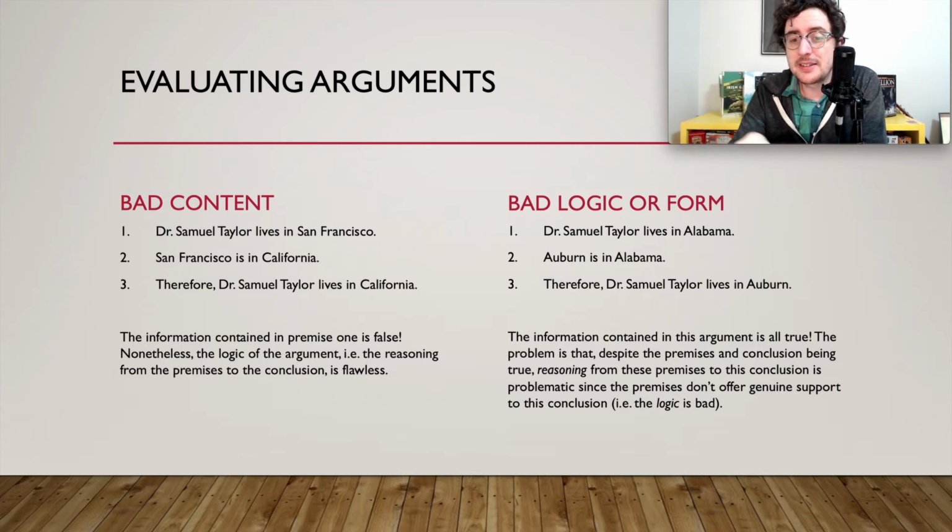The problem is that despite those premises and conclusion being true, reasoning from those premises to the conclusion is problematic, since those premises don't offer genuine support to the conclusion. That conclusion doesn't follow from those premises. If someone were to believe that conclusion on the basis of those premises, they would believe the right thing, but they would believe it for the wrong reasons.